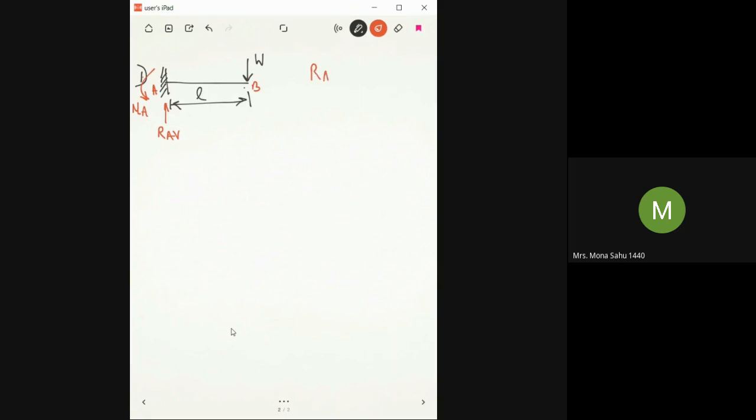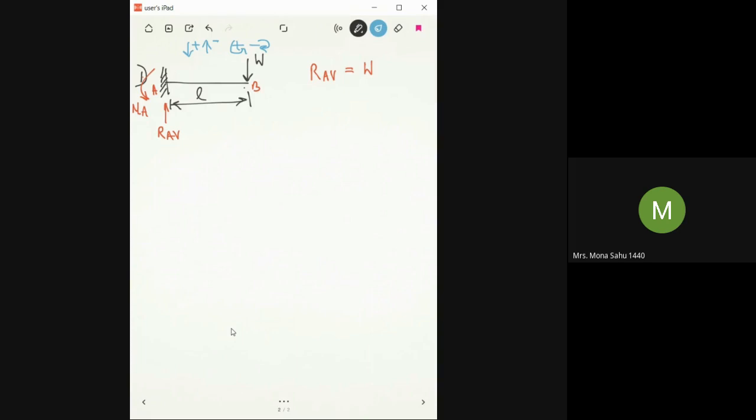So RAV is going to be equal to all the forces in the opposite direction, so which is W. Okay, so we're going to take the sign convention as this: downward force as positive, upward force as negative. Okay, and we're going to consider anti-clockwise as positive and clockwise as negative. So that's the convention we're going to use throughout this unit.